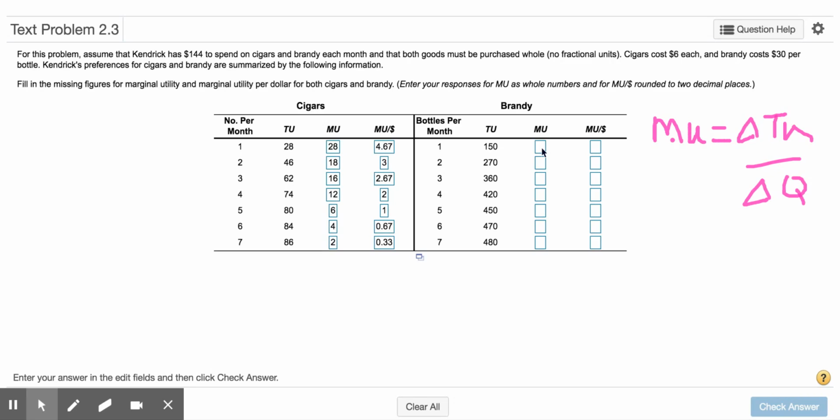Transfer the numbers. So we got 150, 120, 90, 60, 30, 20, 10.